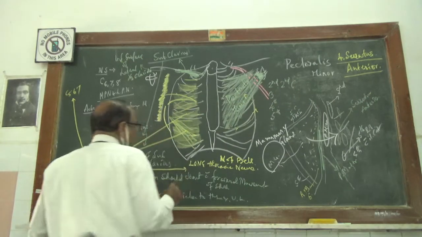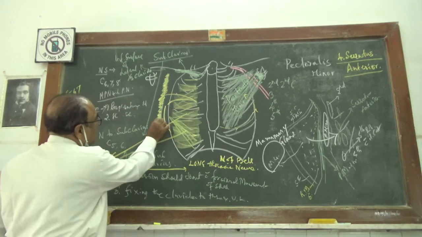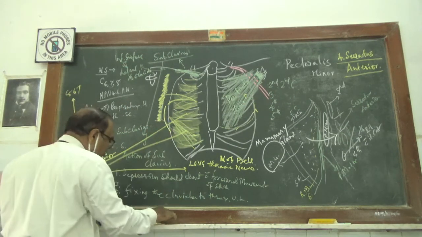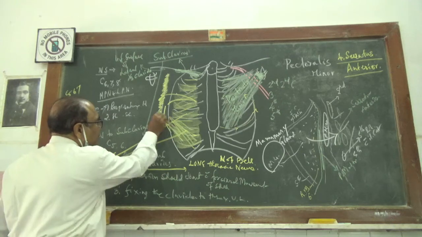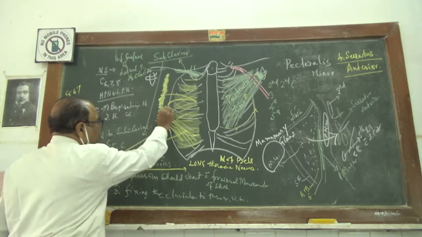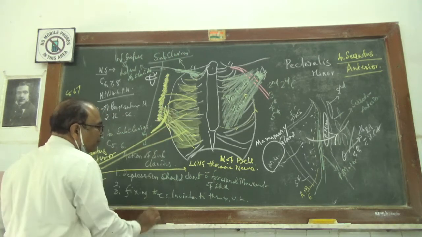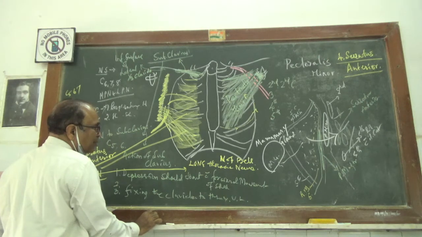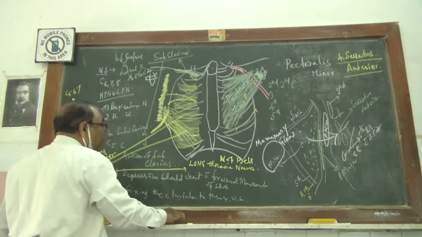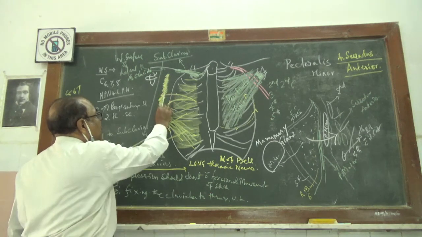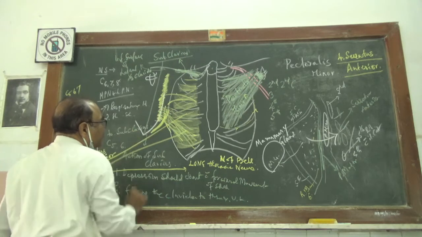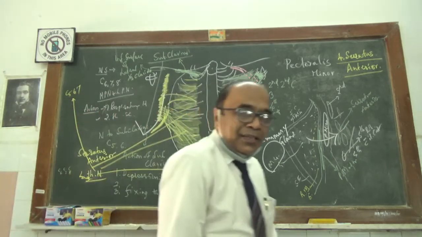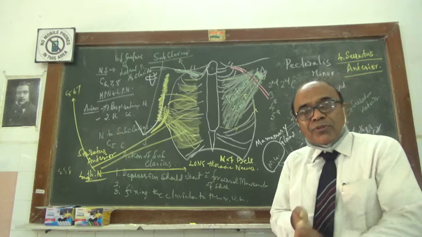Second, applied anatomy. This you will know: serratus anterior is inserting on the scapula. If lower fibers of serratus anterior are cut off, the scapula will wing out laterally like the wing of a bird.